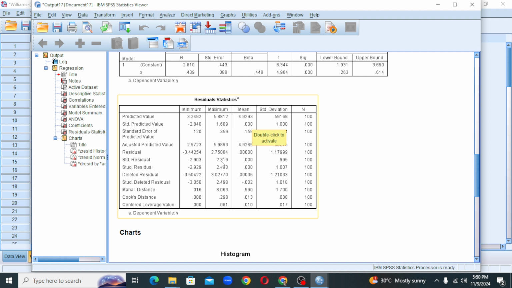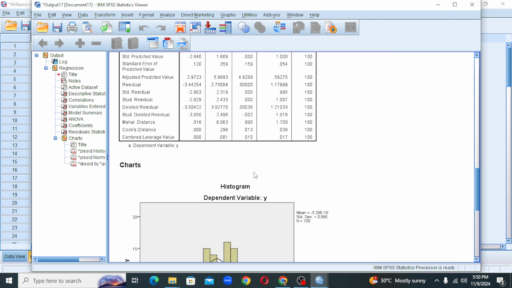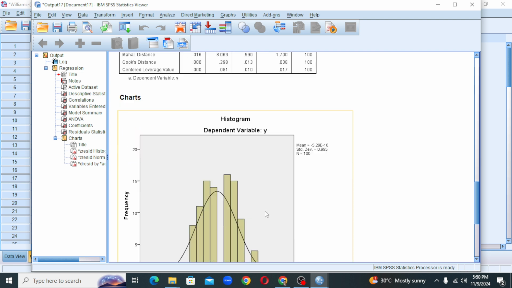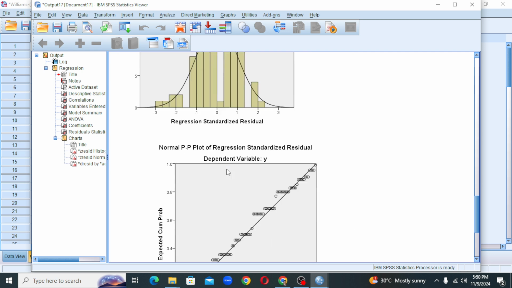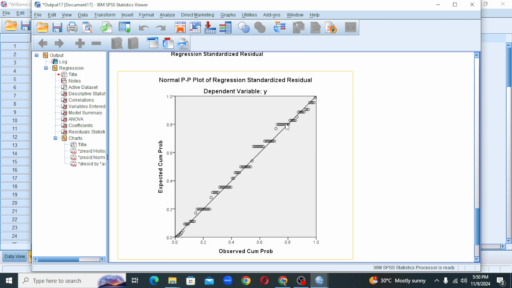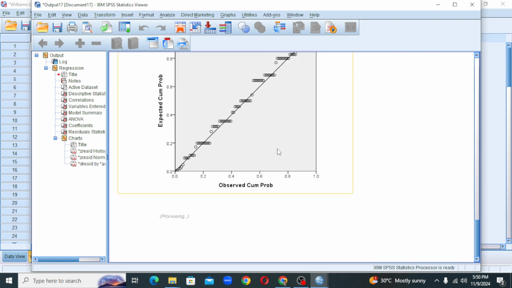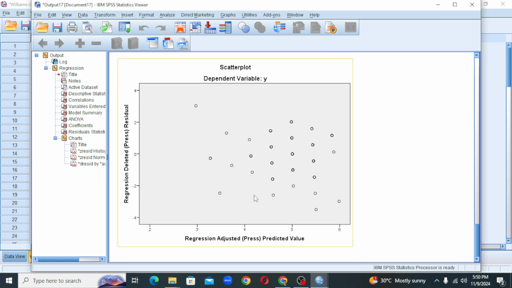If it is above that figure, then of course we need to identify and drop those and run the analysis again. Thereafter we have to check normality, normal distribution, and as per the histogram it is there, and as per this diagram it is also along the line, so normality is there. Even this one is scattered.